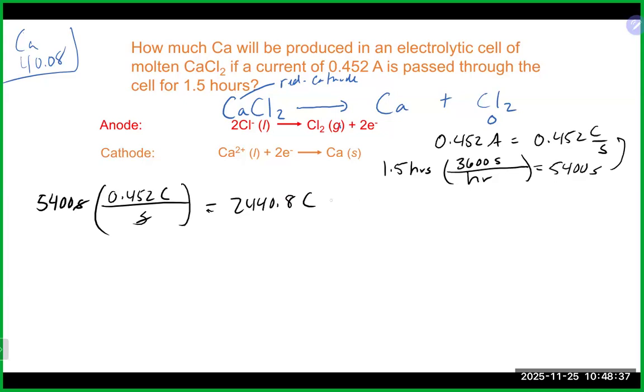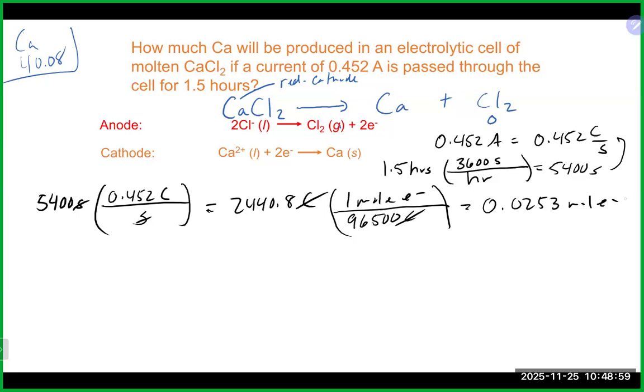At this point, we will use Faraday's constant to convert this into moles of electrons. There are 96,500 coulombs per 1 mole of electrons, and again, the coulombs cancel. Now we end up with 0.0253 moles of electrons. Any questions on the first part here?